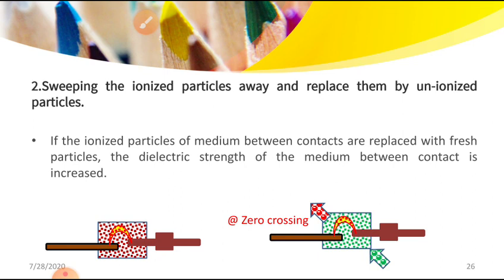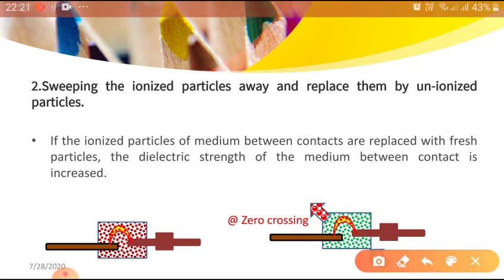The ions present in red color are already ionized particles with very little dielectric strength. These particles cannot oppose the short circuit current flowing through them, so the arc persists for some time.